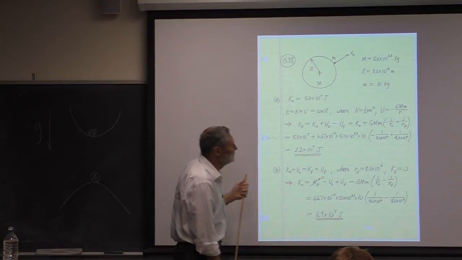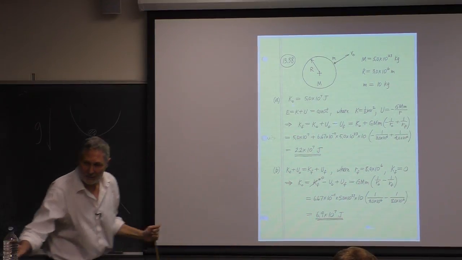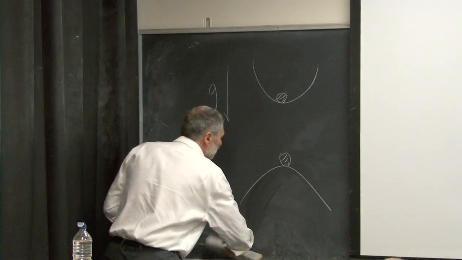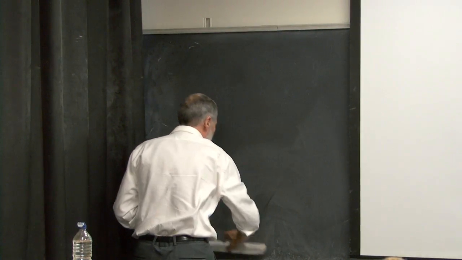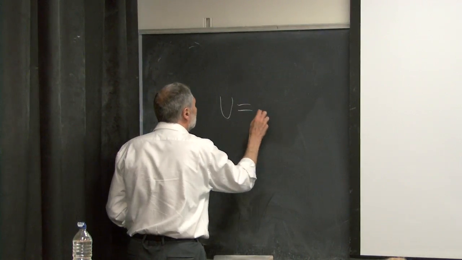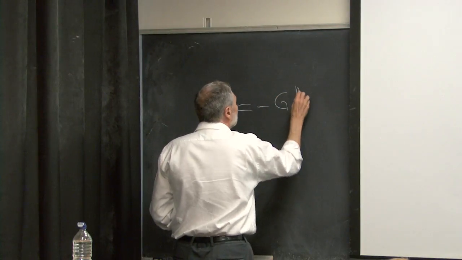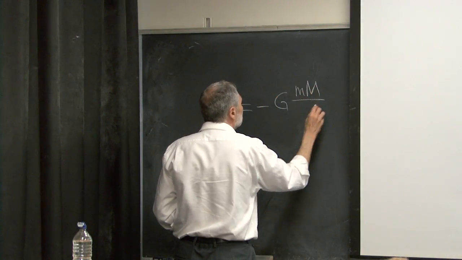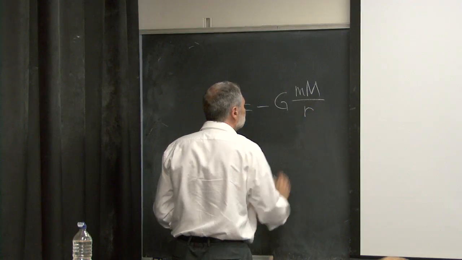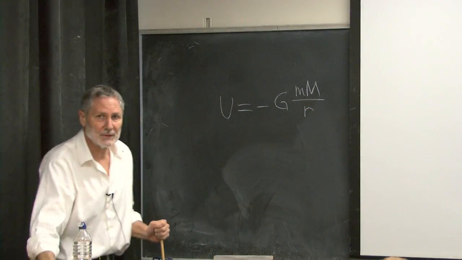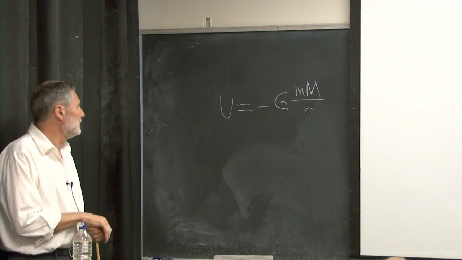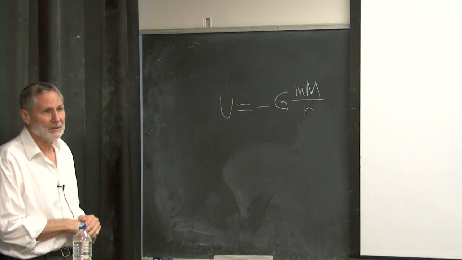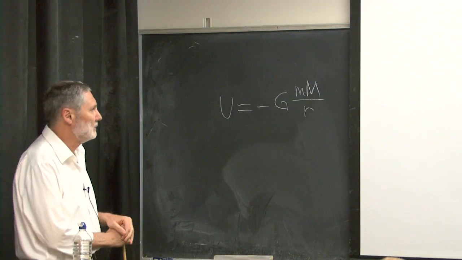The potential energy, for a gravitating body in general, is given by this. We derived this. And the convention here is that the potential energy is 0 at infinity. That's a choice that we make, a very convenient choice.